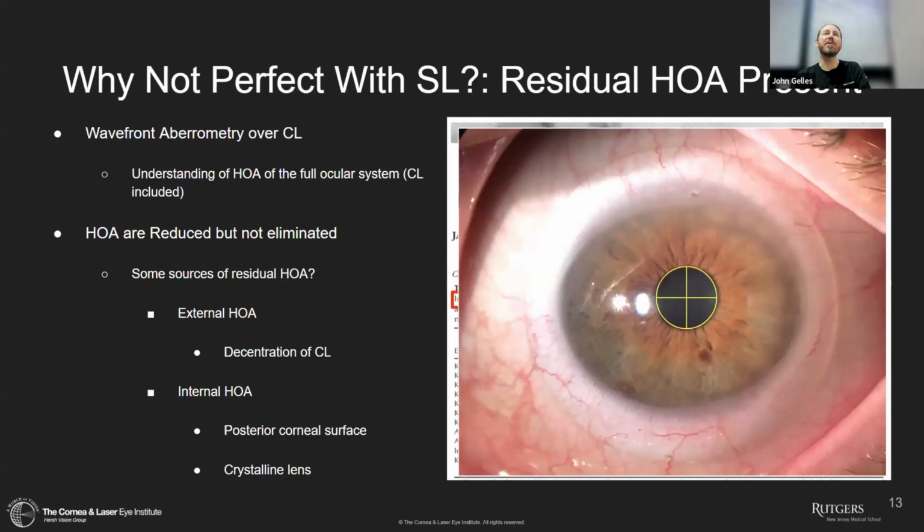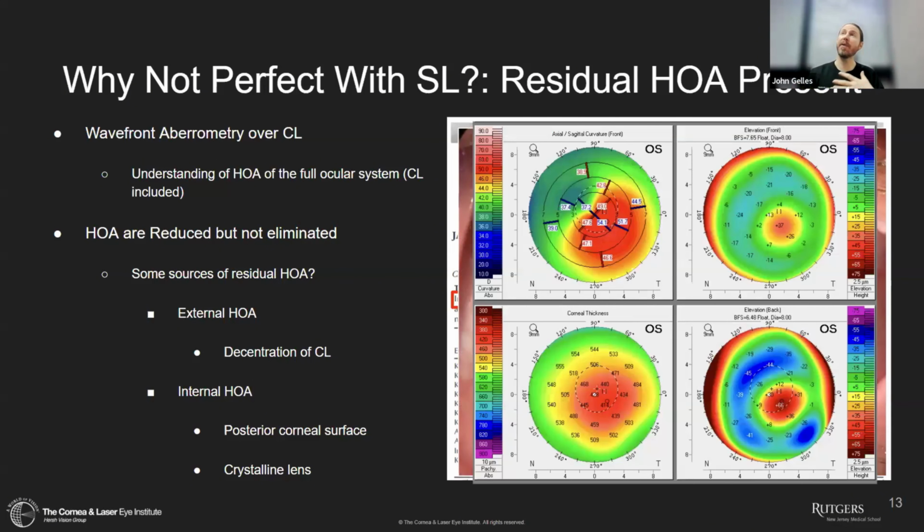Also, because each of those lenses has an optical profile on the front, if the lens is decentered compared to the line of sight, as you can see here, we're inducing aberrations as well. So decentration of the lens, as well as internal aberrations from the posterior corneal surface or the crystalline lens itself, will induce aberrations.